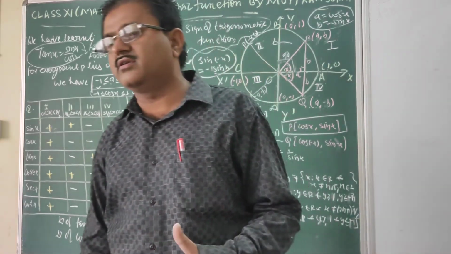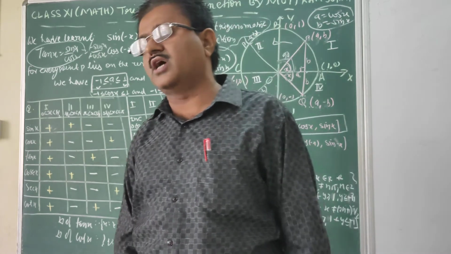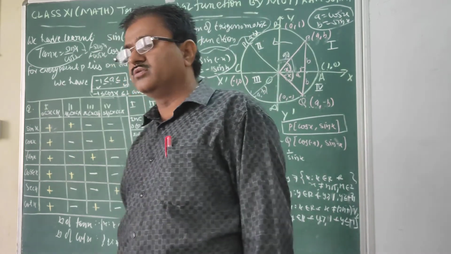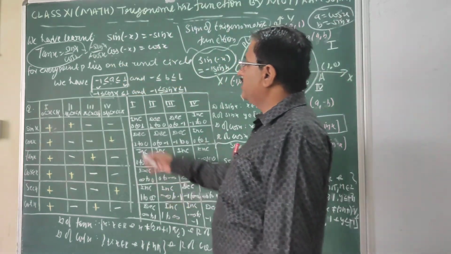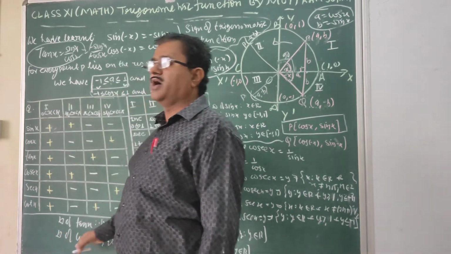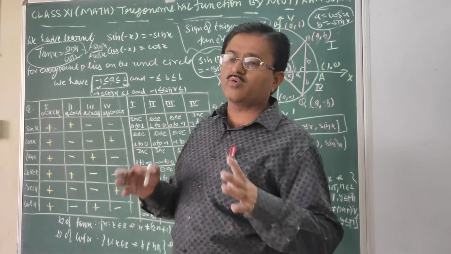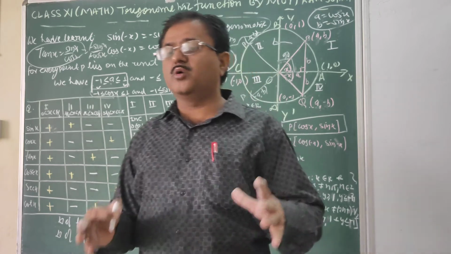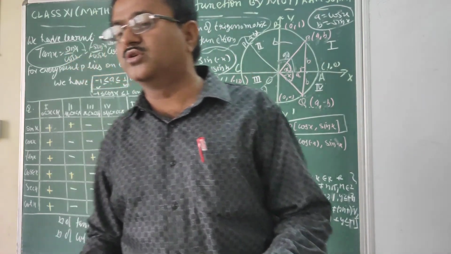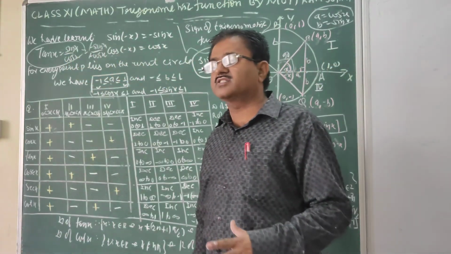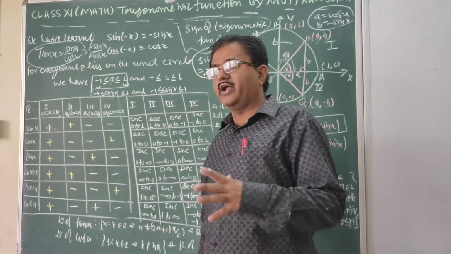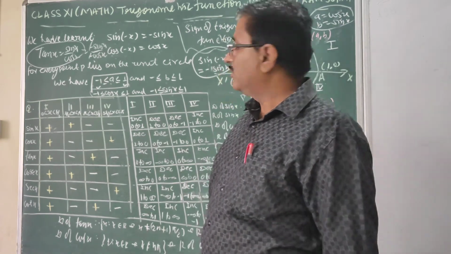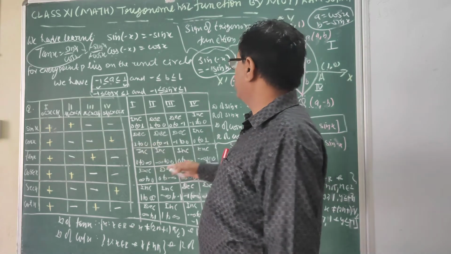All other trigonometric ratios are negative. So this sign is very important. That's why, when solving a problem in a particular quadrant, which trigonometric function is positive and which is negative is very important.